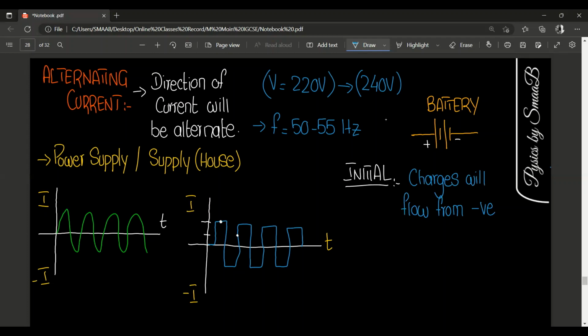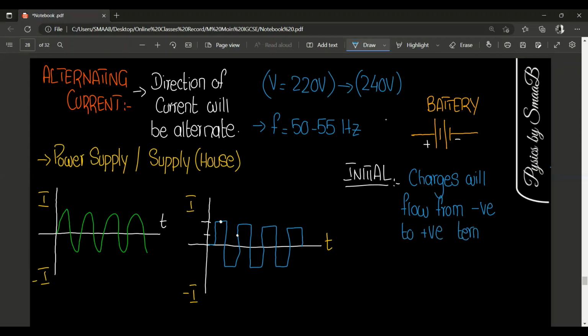But we can easily observe from the previous topic of electrostatics that positive charges are in the nucleus, so they cannot move from their position. Only electrons can move, right? That's why the positive side has a high potential and the negative side has low potential. So the previous concept is that charge will flow from negative to positive terminal, right?